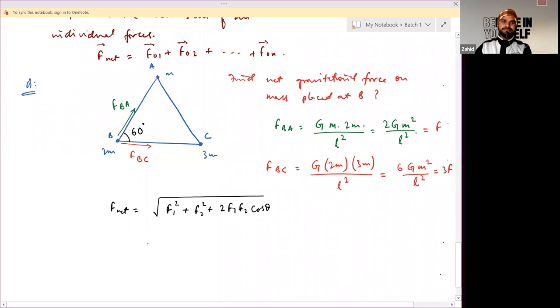Let me solve. F1 is just F square. F2 is 3F, so it will be 9F square.